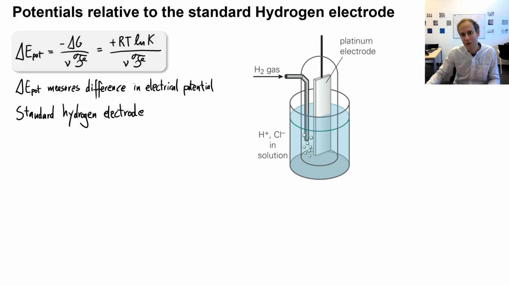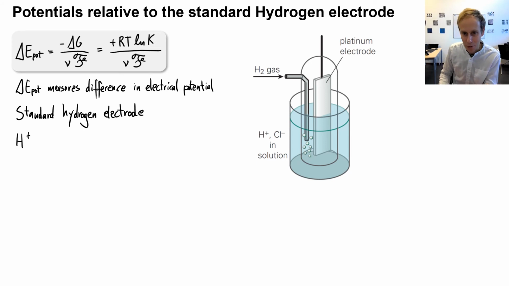The standard hydrogen electrode is actually not made out of hydrogen, but of platinum. This platinum is an inert metal. It does not undergo oxidation or reduction. And then there's a solution of hydrochloric acid around the platinum electrode, and at the same time hydrogen gas is bubbled through that solution.